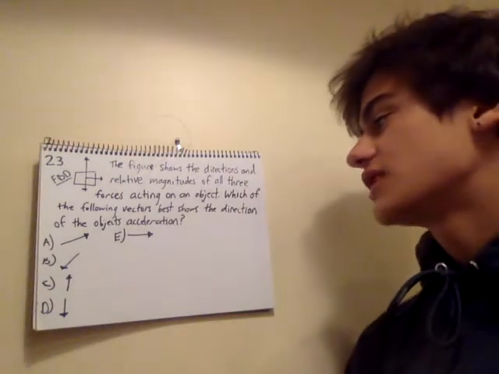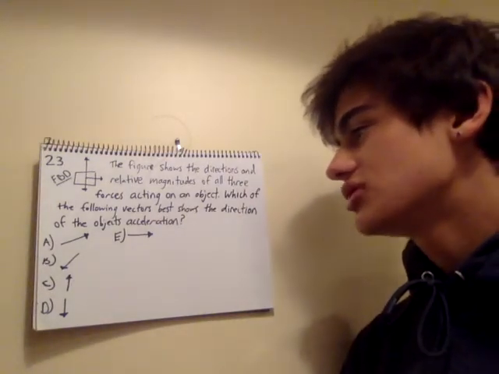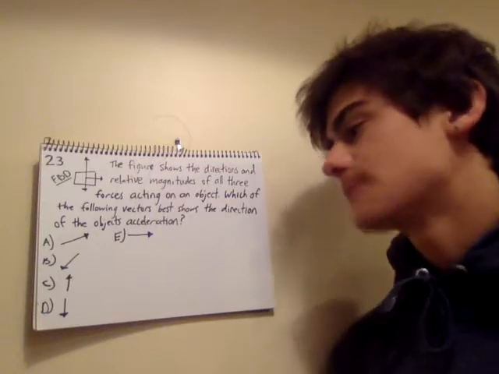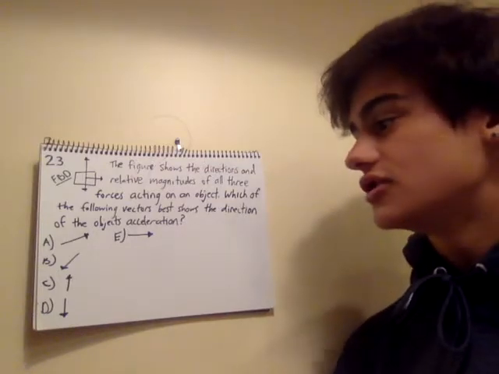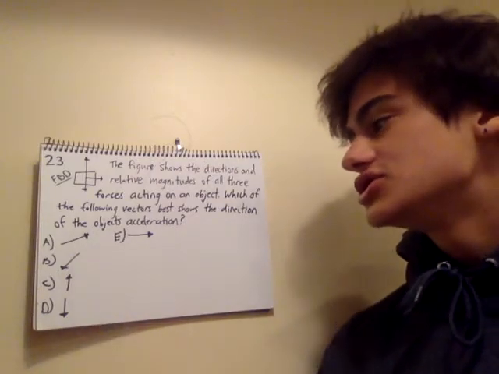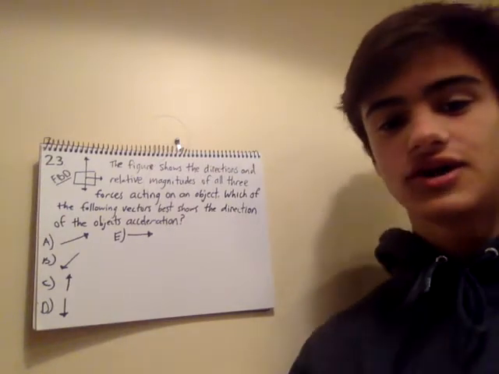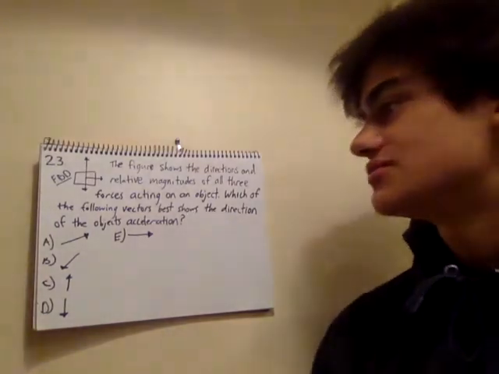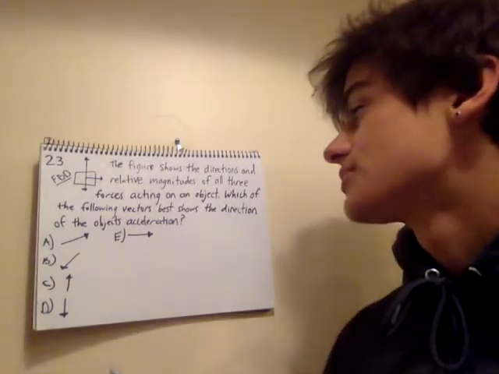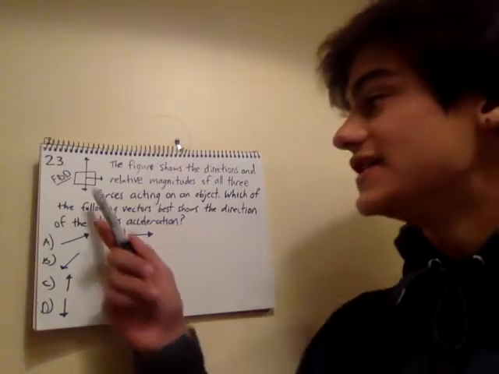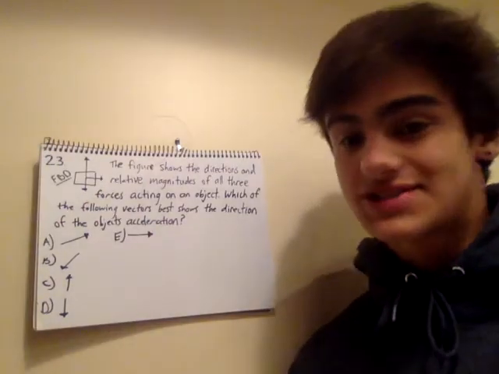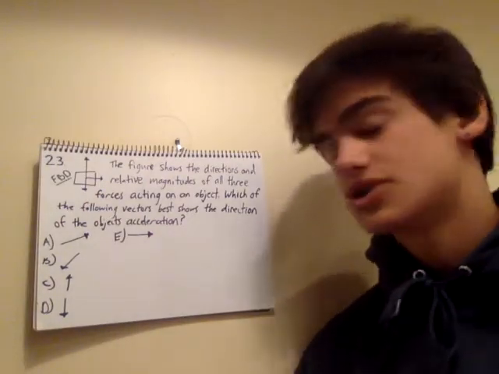Which of the following vectors best shows the direction of the object's acceleration? So we're given vector A, B, C, D, and E, each pointing in different directions, and our job is to figure out which of those directions matches the vector that this object will follow as it accelerates based on these three forces.